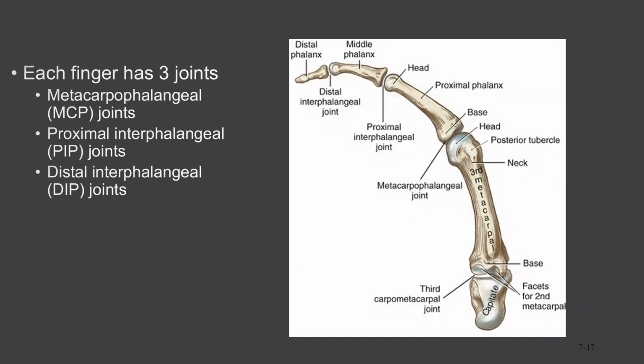Now, when you refer to any of your digits, you're primarily talking about your fingers, not your thumb. So your thumb is usually separate from this. And it's just because you have a different set of musculature that kind of governs it.